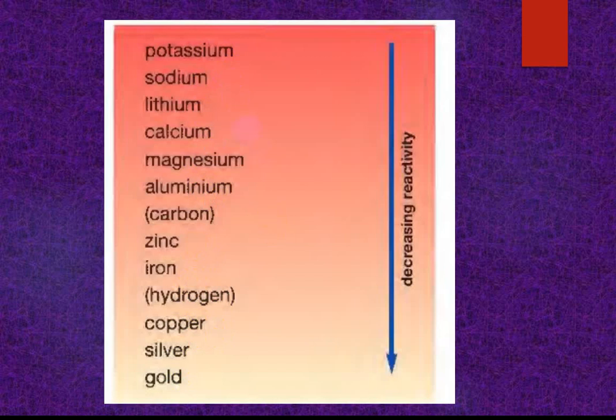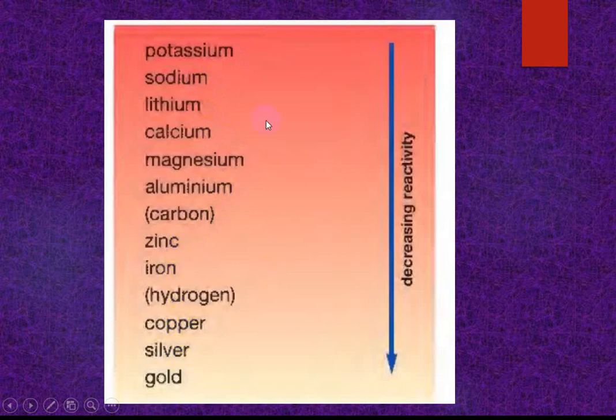Have you seen this? Look at it properly. It is useful for knowing which one is more reactive. Potassium, then sodium, then lithium, then calcium, then magnesium, aluminum, zinc, iron, copper, silver, gold.